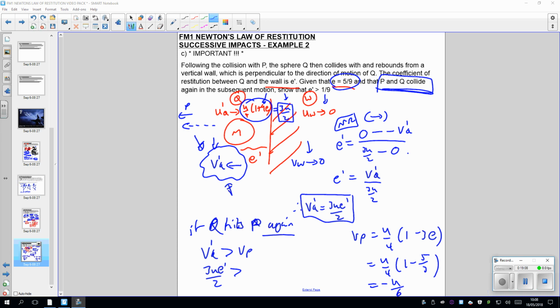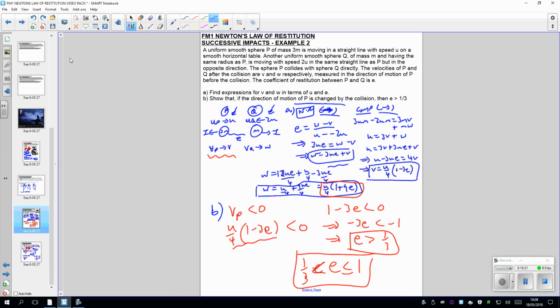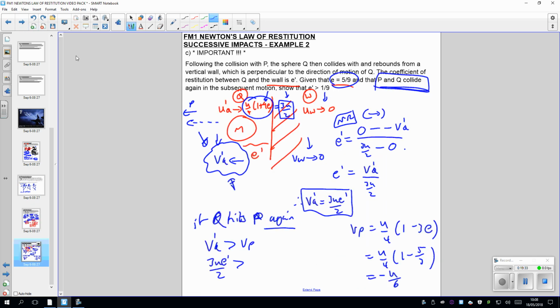Okay. Let's double check that. Yeah, that's cool. Right. Now, notice I've got VP as a negative number. Exactly. That's exactly the point. VP is a negative number because remember I assumed VP was going to the right. And we said, well, VP must be negative for part B. Exactly. And I am getting a negative because VP isn't going to the right. It's actually going to the left.